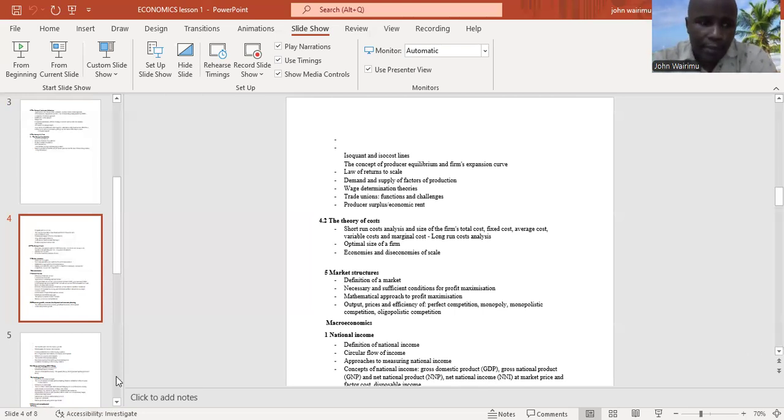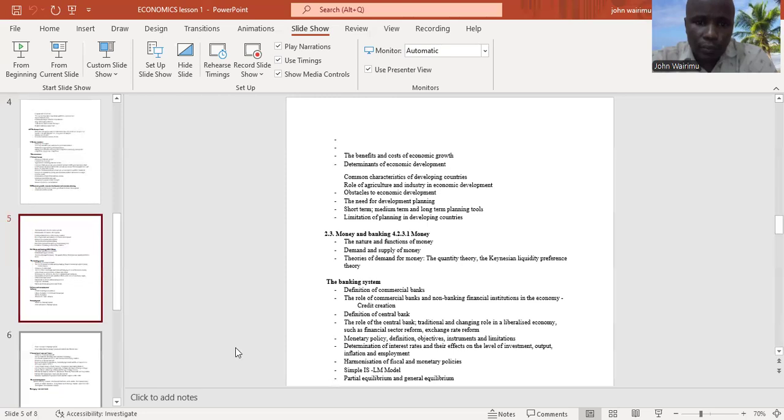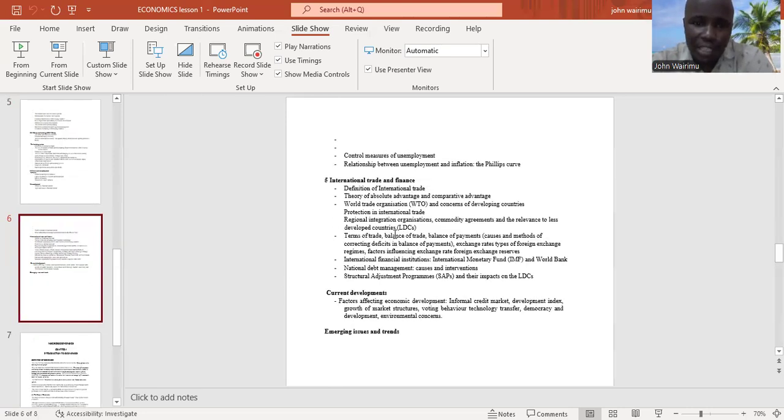Now, these are some of the topics that we are going to look at. There will be money and banking. We shall look at the banking system. We shall also look at international trade and finance. And we end up with current developments plus emerging issues.